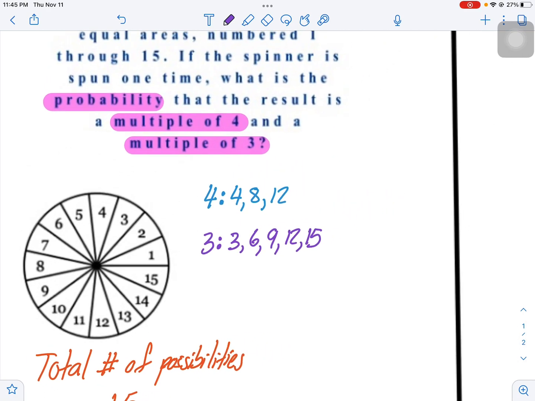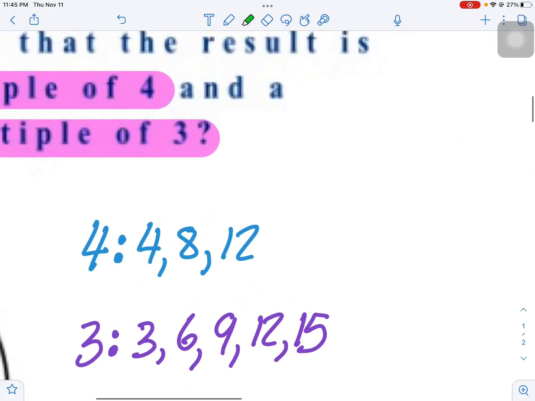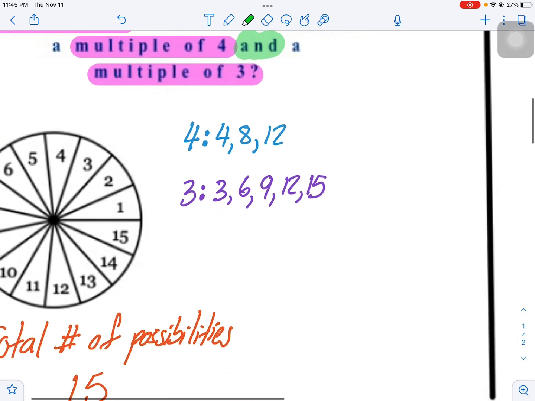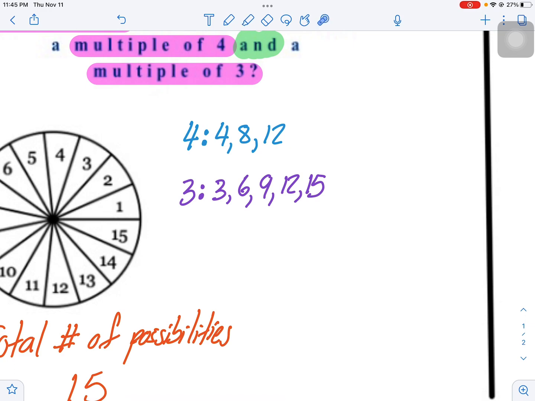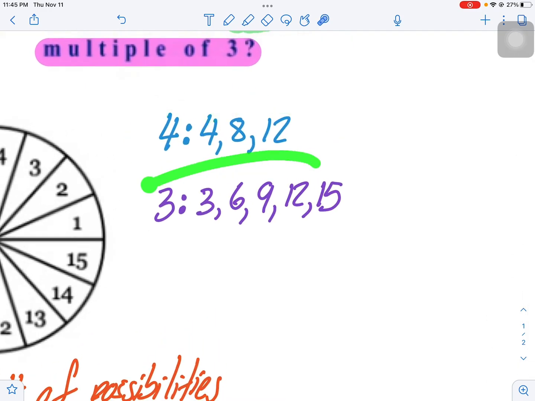So remember, our key word here is "and". So I look at my two lists of numbers. I have 4, 8, 12, and I have 3, 6, 9, 12, 15.